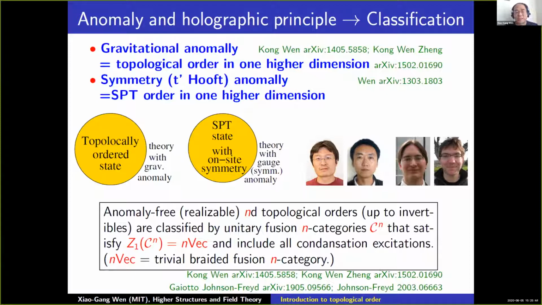Also, I want to say that there is another condition. This unitary fusion n category should include all condensation excitations, and the importance of this condition was pointed out by Gaiotto and Johnson-Freyd, and I think Johnson-Freyd will probably discuss that this Friday.